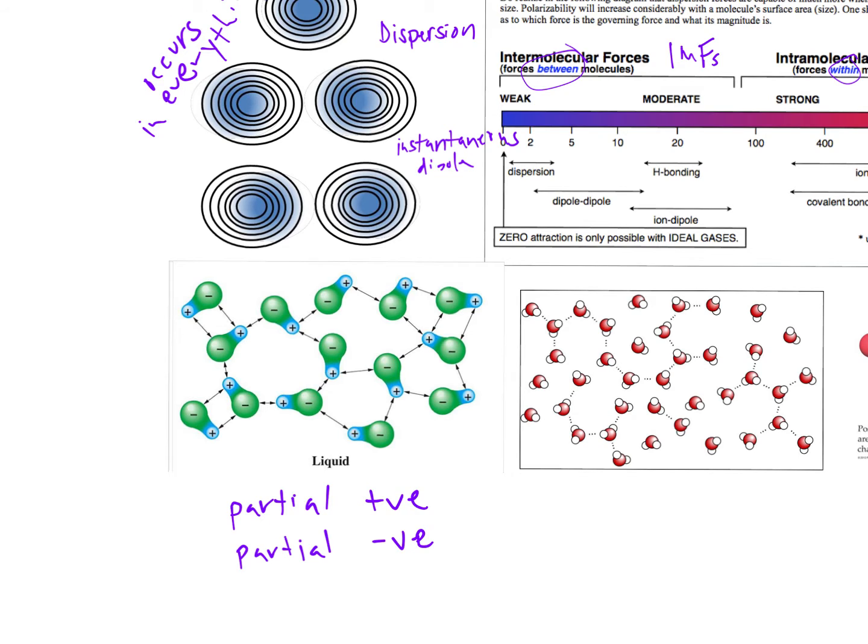Okay. We will look at a few examples of molecules that have dipole-dipole interactions. I think in some cases it can be really challenging to identify whether a molecule has dipole-dipole interactions. And so one of the things you can do is look at specific types of bonds.